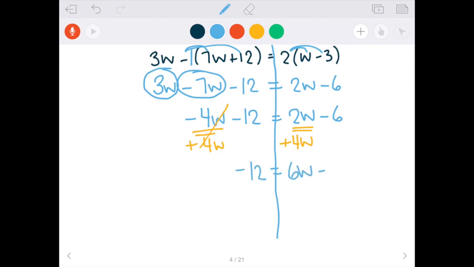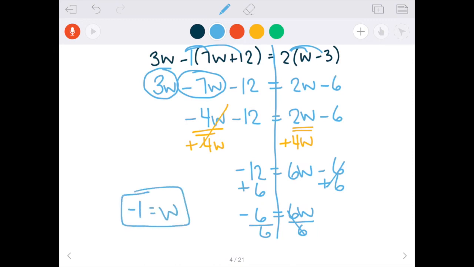That leaves me with 6w minus 6. Now, zero pair your constant. That leaves me with negative 6 equals 6w. Divide by 6. And we're going to get w is equal to negative 1. Remember that if you have a variable equals a number, that indicates that you have one solution, and this is it, negative 1.